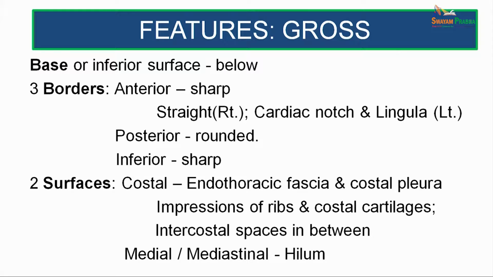Now, the surfaces are two: the costal surface, which is covered by the pleura and separated from the lateral thoracic wall by the endothoracic fascia. It is more or less smooth, but it bears the impressions of the ribs and the costal cartilages, alternating with the elevations of the intercostal spaces.